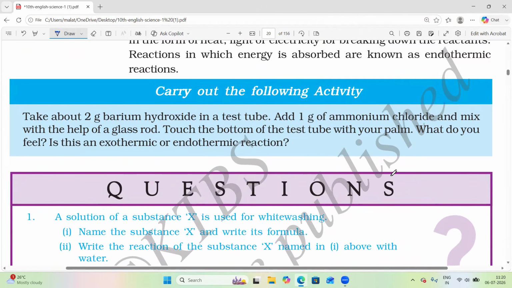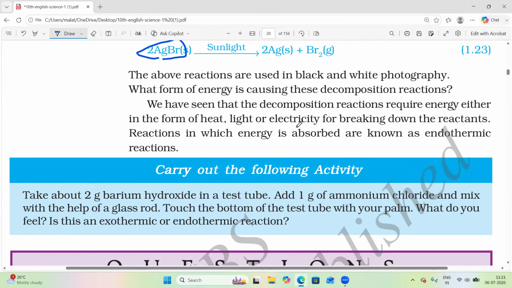Now you should know the difference between exothermic and endothermic. Exothermic reactions are those in which, while the reaction takes place, along with the product, energy is liberated in the form of heat. Here, to decompose, energy is required in the form of heat, light or electricity.